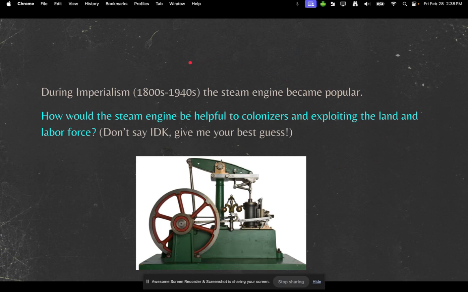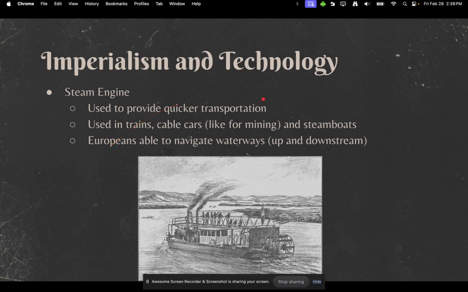Now, during imperialism, so from the 1800s to about the 1940s, the steam engine became very popular. So here's a question. How would the steam engine be helpful to colonizers in exploiting the land and labor force? Now, don't Google it, and no, I don't know. Just give me your best educated guess. All right, so it's an engine, right? Kind of like the engines we have in our car.